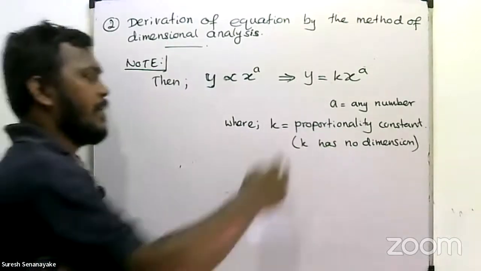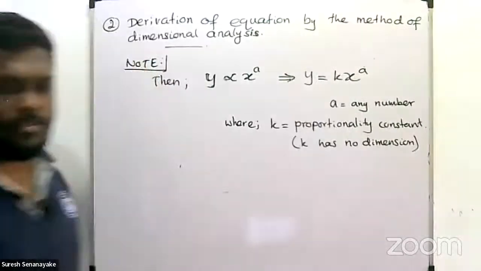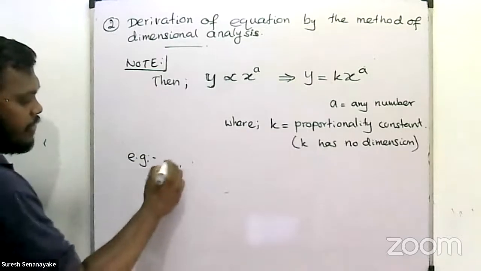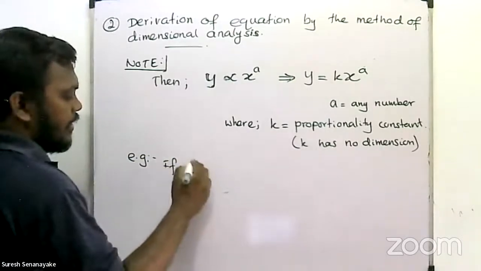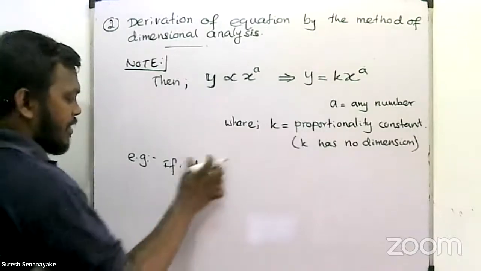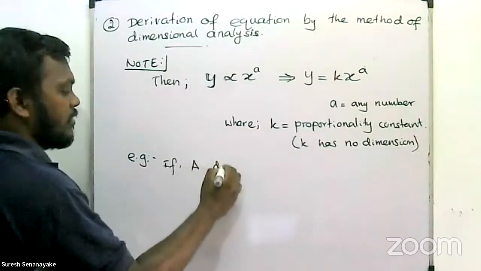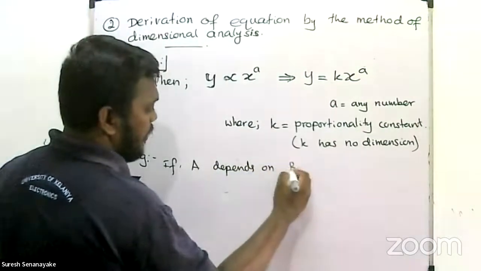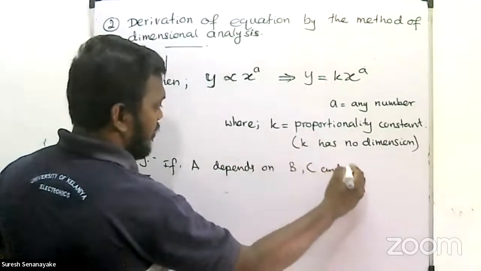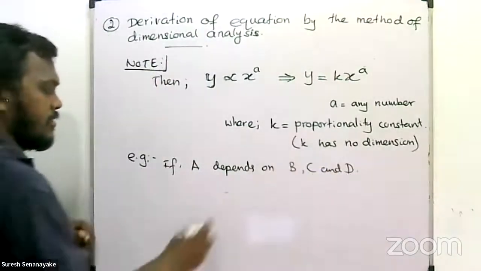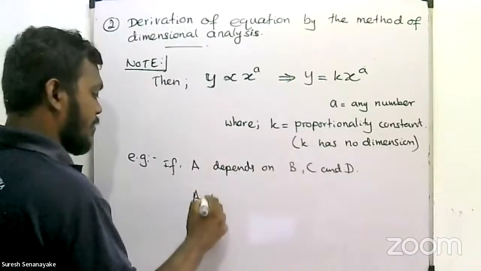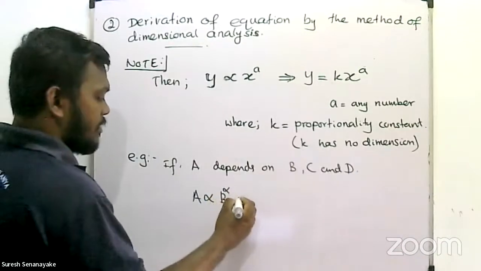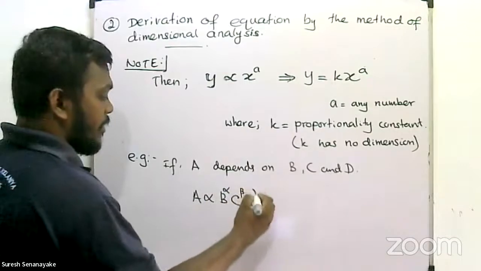So in this way you need to write this for different cases also. Another example: if I take a different one, A depends on B, C, and D. Then you can write A is proportional to B to some power, let's say alpha, and C to the beta, D to the gamma.